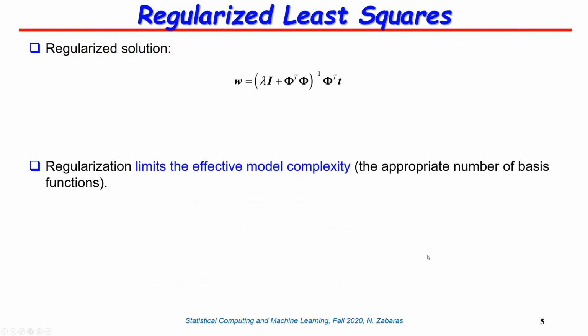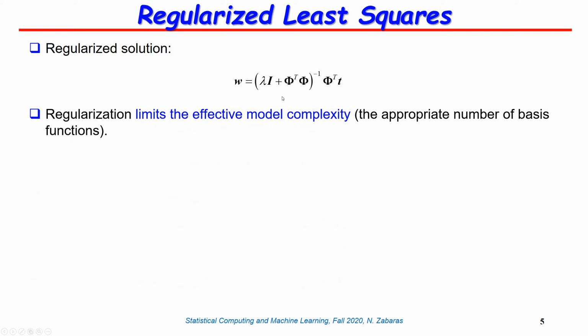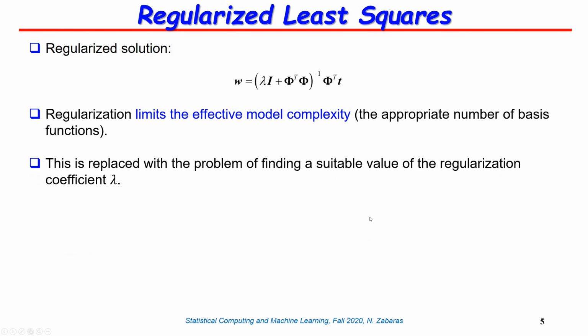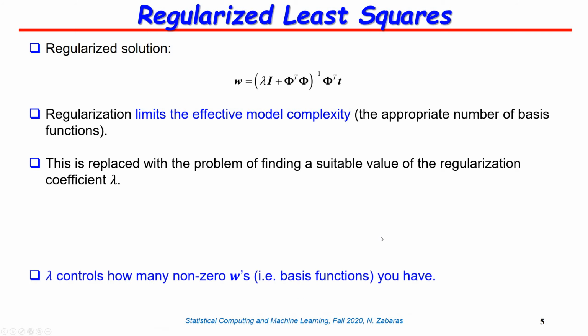So that's our regularized solution, and we already discussed that lambda is effectively the parameter that controls the complexity of the model. Effectively, the regularization selects an effective number of parameters that in principle try to minimize the error that you make in the training data set, but at the same time try to control the complexity of the model to avoid overfitting.